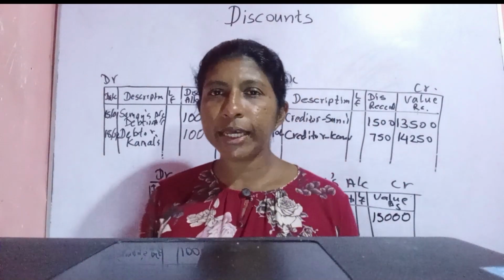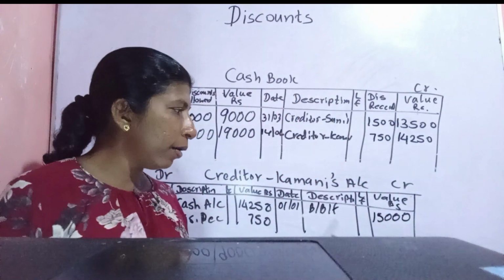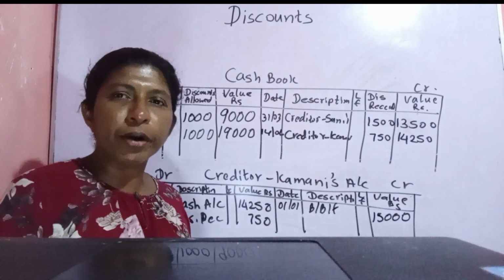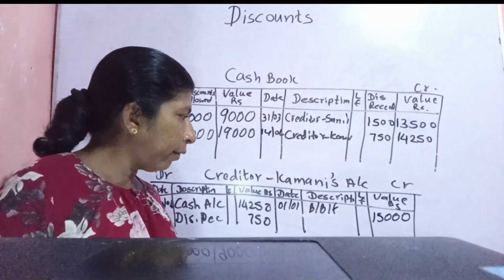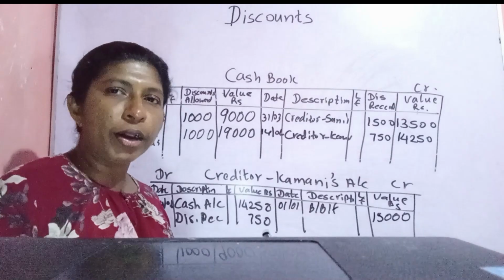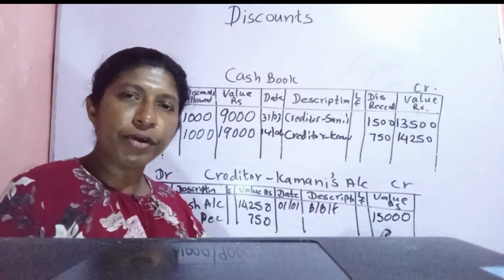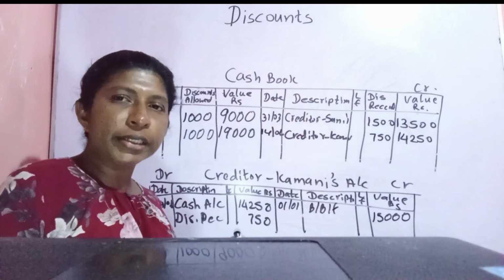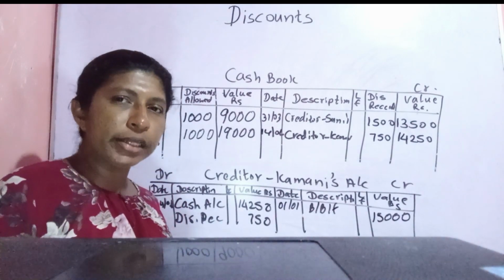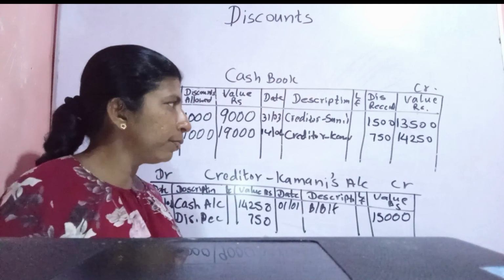Then you can see when we are making the full payment, this trade creditors account will balance. Here also 15,000, and on the debit side also 15,000. Then it is agreeing on both sides.